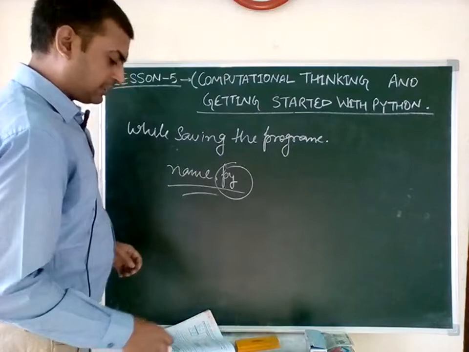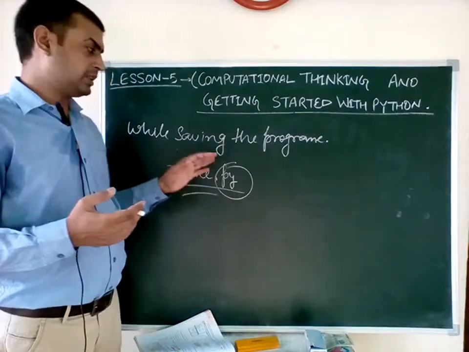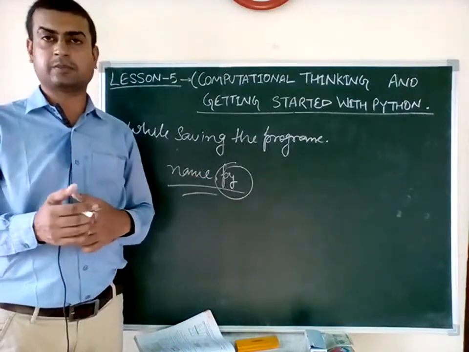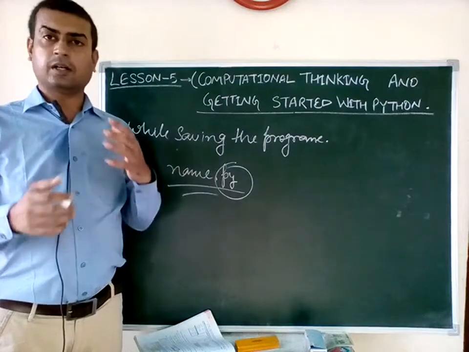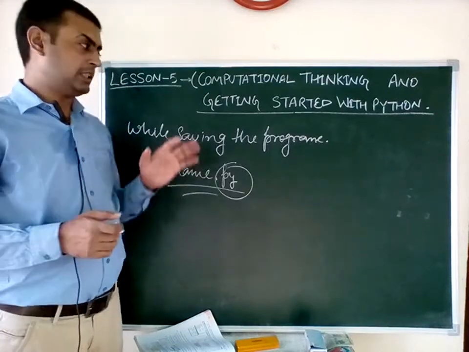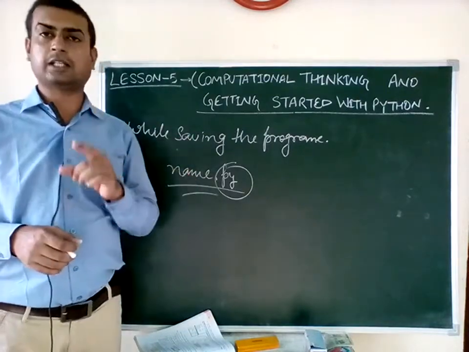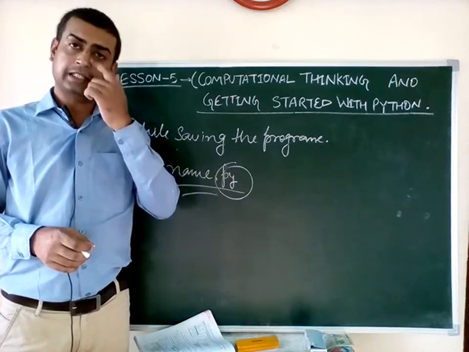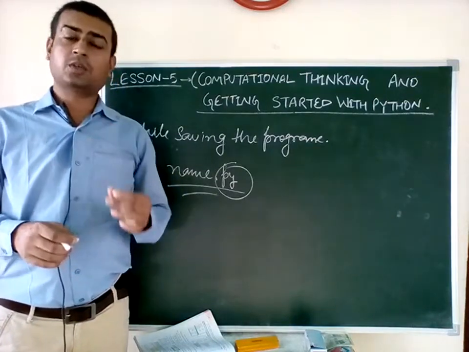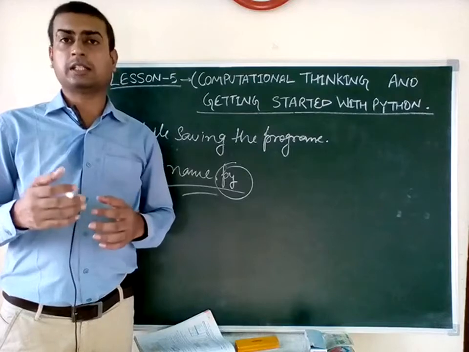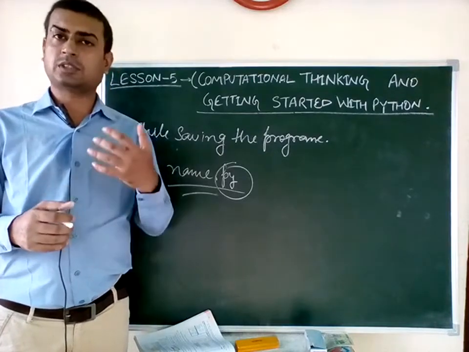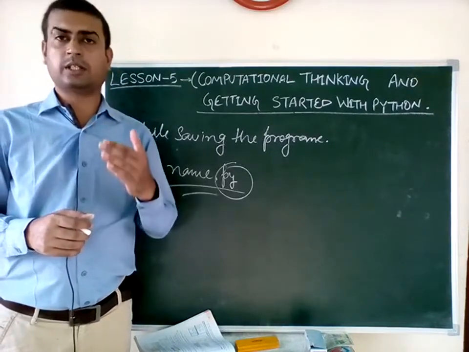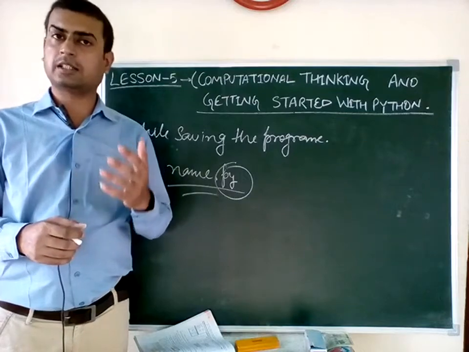Now after saving this program, once it is saved in our system, how will you run it? In script mode you have to take care of one thing: without saving the program you can't run it. First you have to save the program, then only you can run that code.